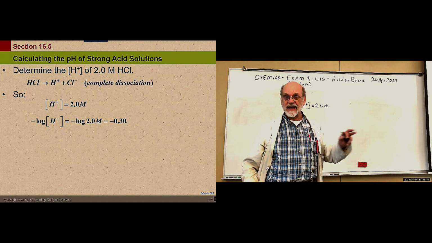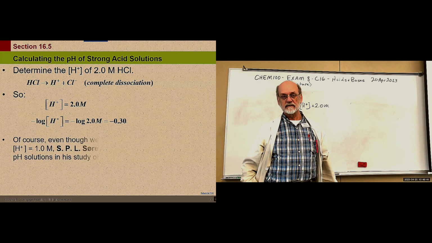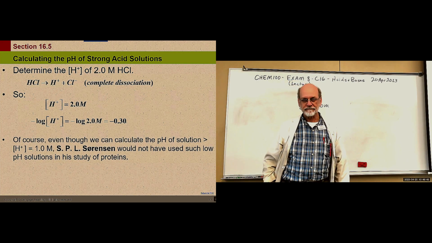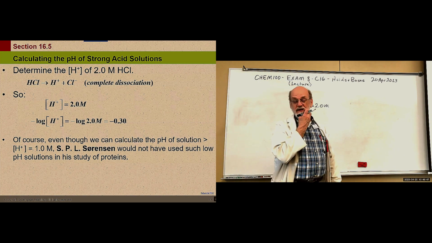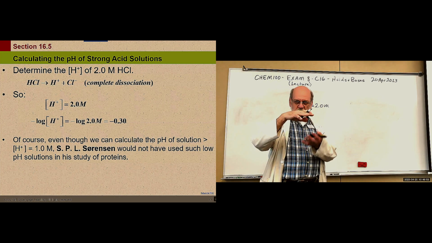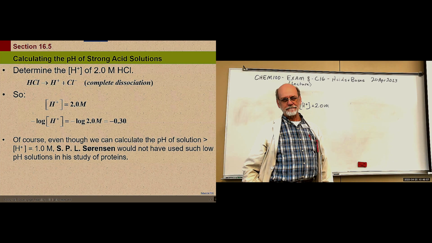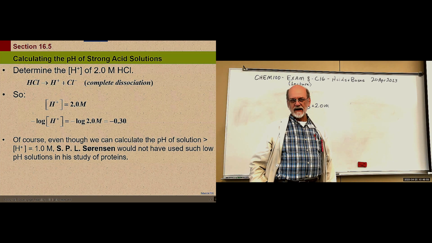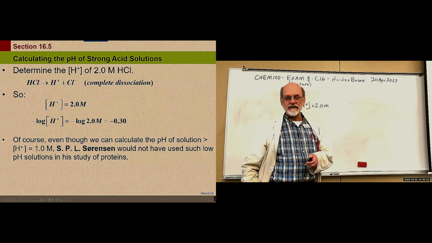Because this is purely mathematical. This is a calculation, pure and simple. Like I said before, Sorensen wasn't interested in these very low pHs. He was in the middle range. They were more valuable to him. And there, he was studying proteins, and proteins never got that low in pH.